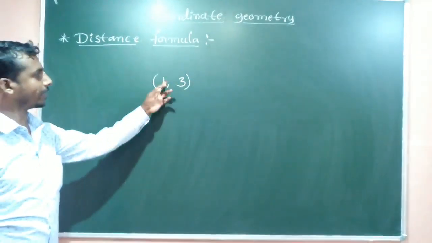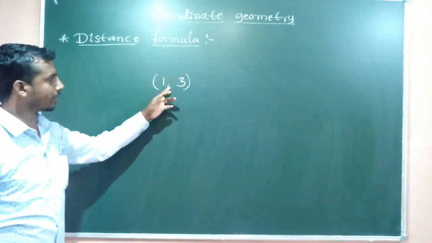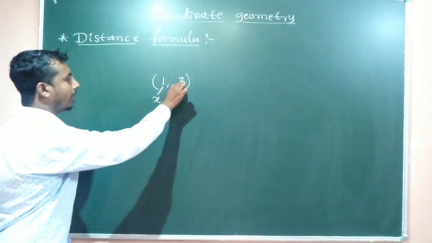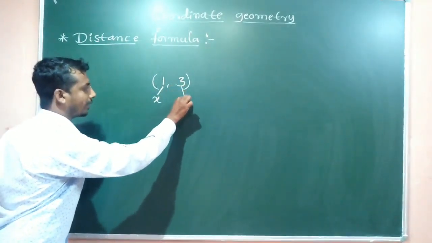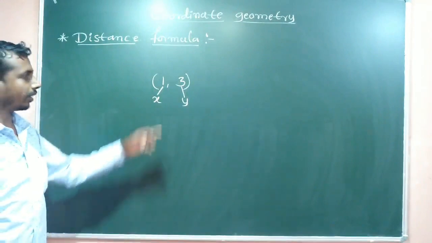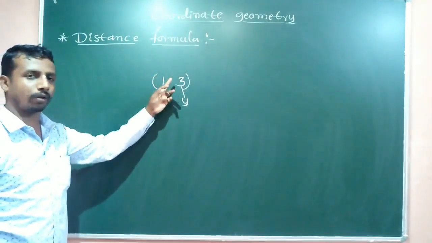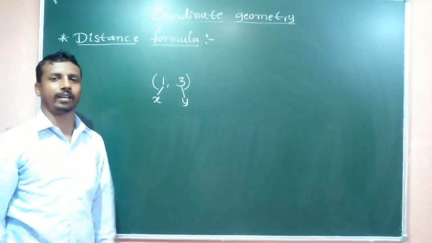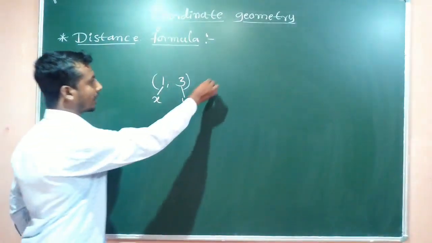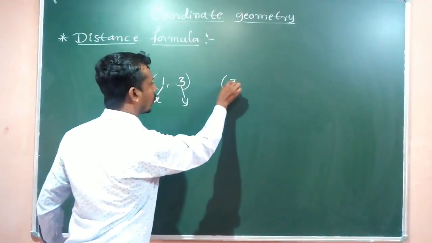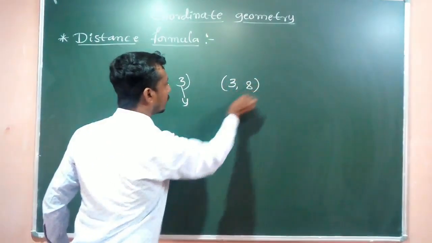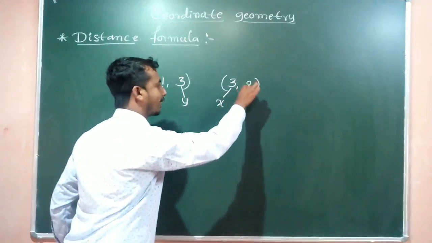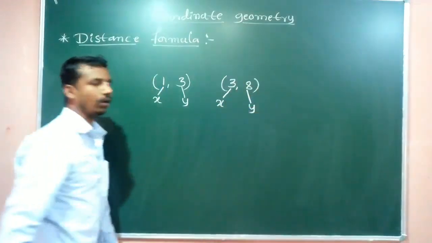In this point, the first number is always the x coordinate and the second number is the y coordinate. For example, if you take another point (3, 8), here also the first number is the x coordinate and the second number is the y coordinate.